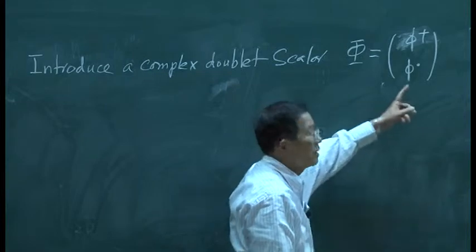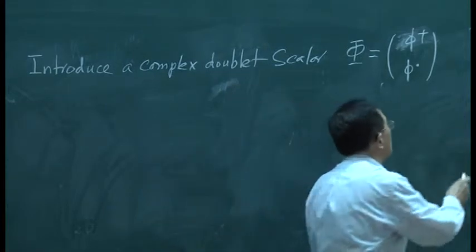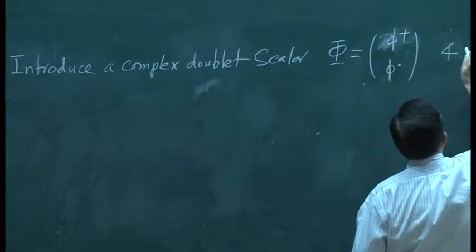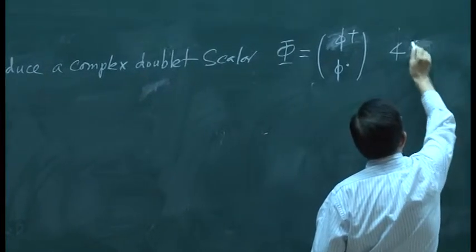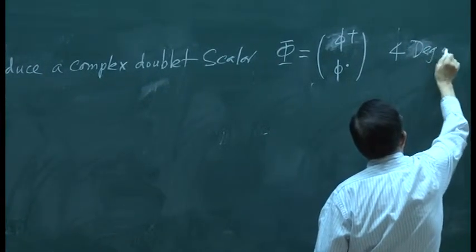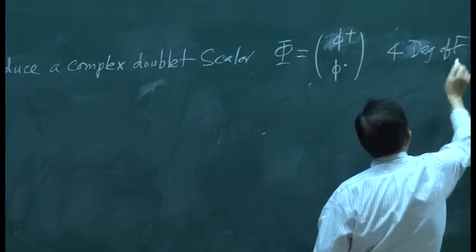So each one is a complex field, so the total is 4 fields here, 4 degrees of freedom. Okay?